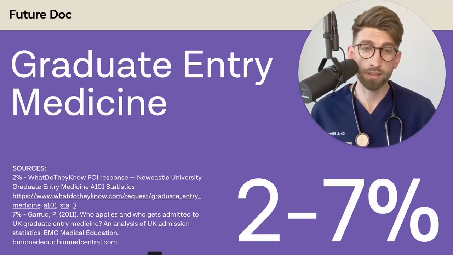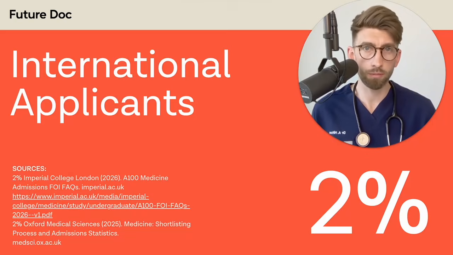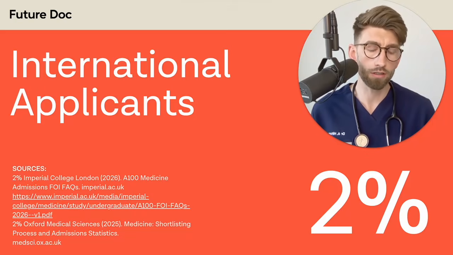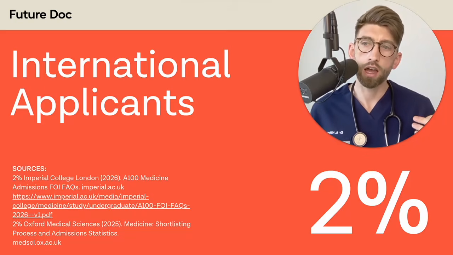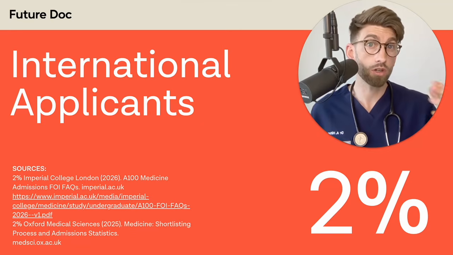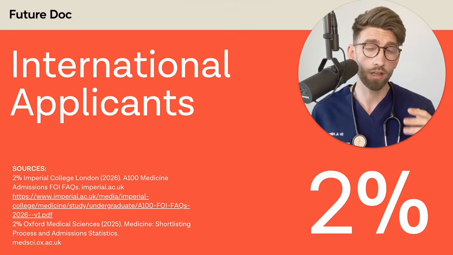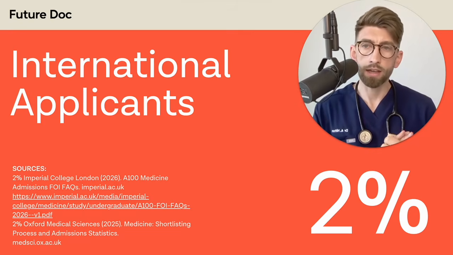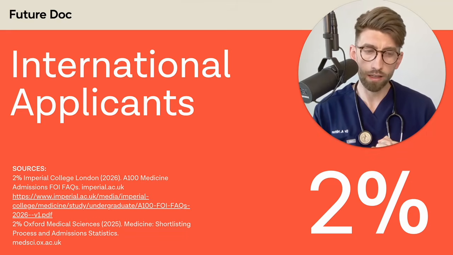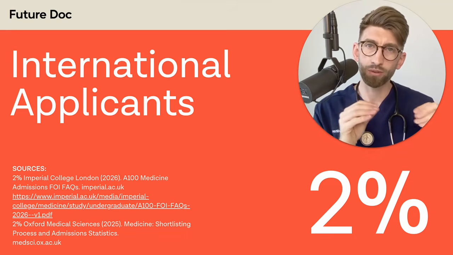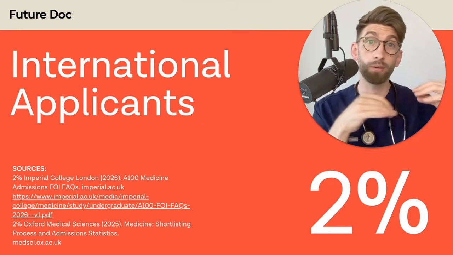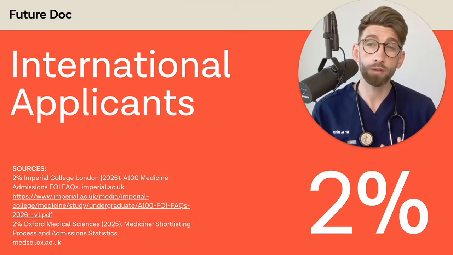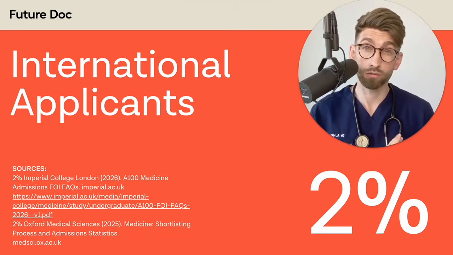Then we have international. International is incredibly competitive for many reasons, one of them being that the government caps each cohort at each university to a maximum of 7.5% of students being international fee paying. You have to bear in mind that this 7.5% often overlaps a lot across the most popular universities, which is where international students want to apply.